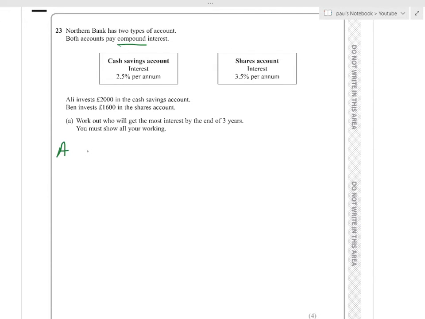So Ali: £2,000 times 1.025, that's 2.5%, cubed. And Ben invests 1,600 times 1.035 cubed.